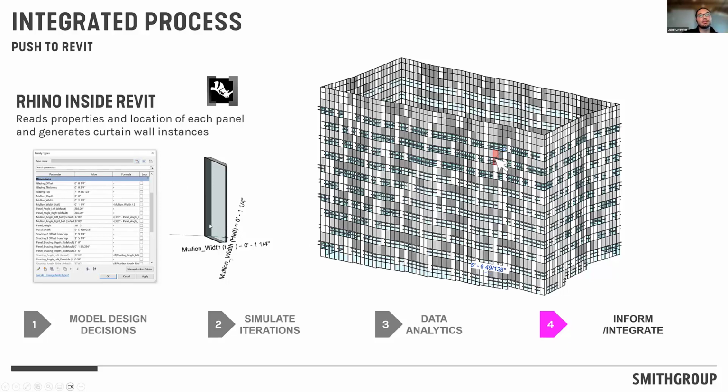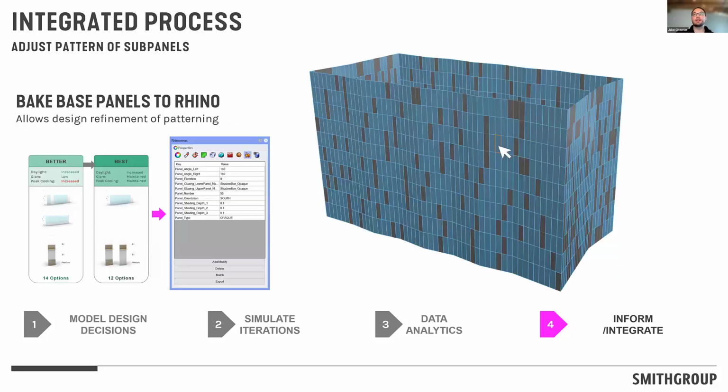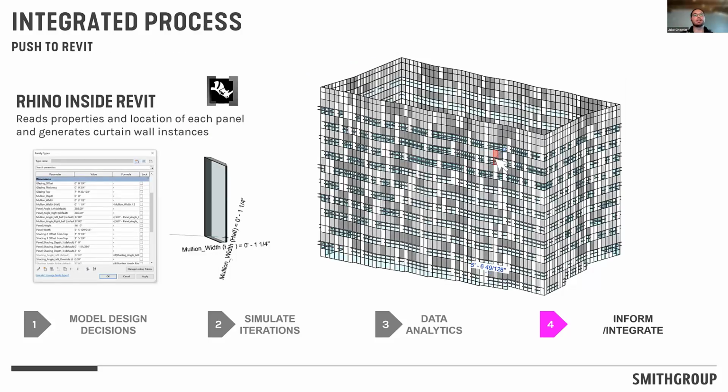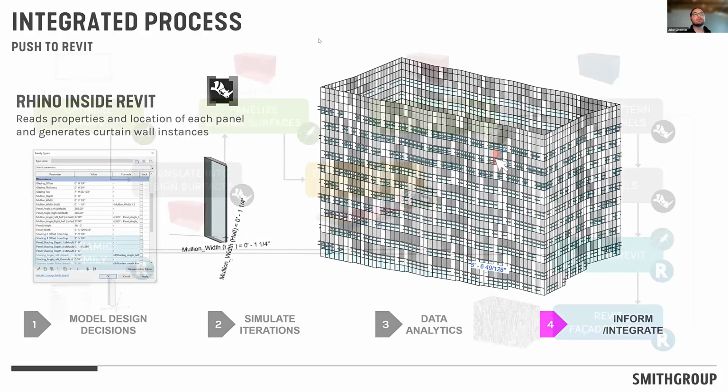So I built this custom curtain wall panel, and it's being placed for every single instance of panel that we have here. The location, the height, the width is placing a curtain wall with those matching characteristics and shading parameters that we developed within the process earlier. So this is our way of bringing it all the way back from, actually, next slide is better for this.